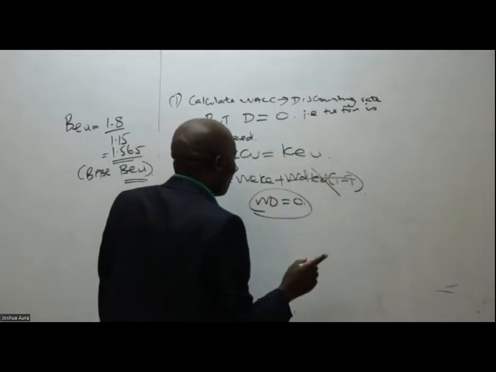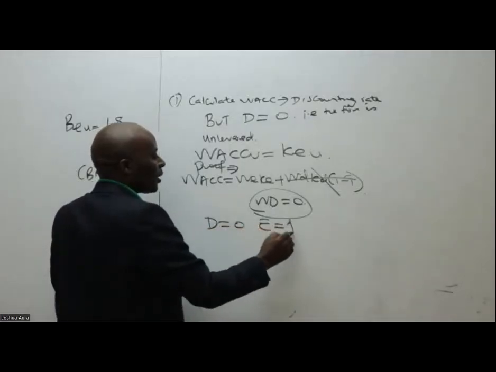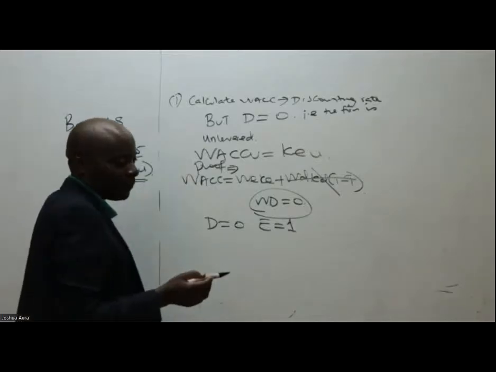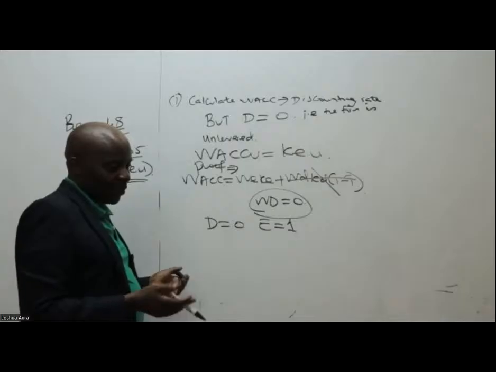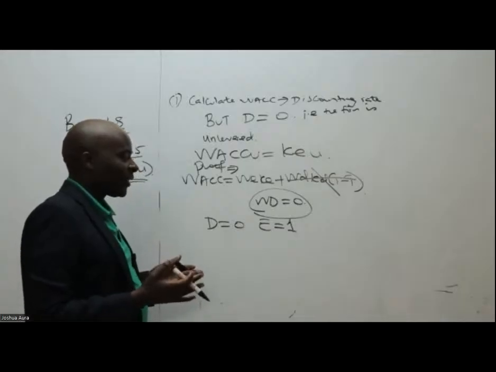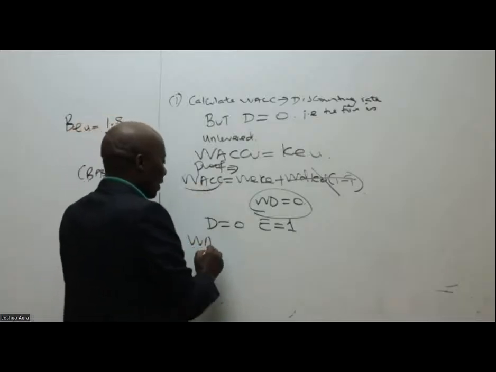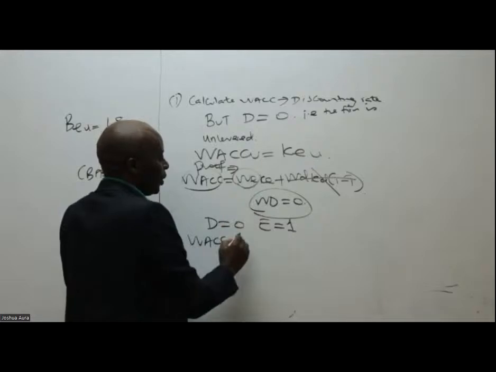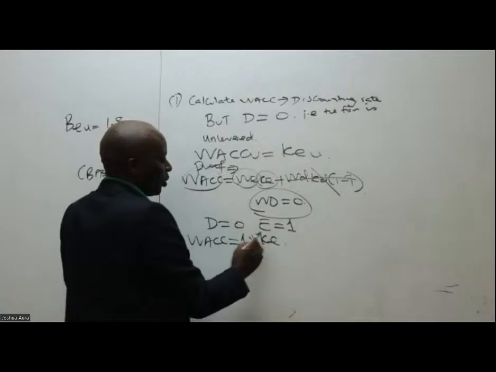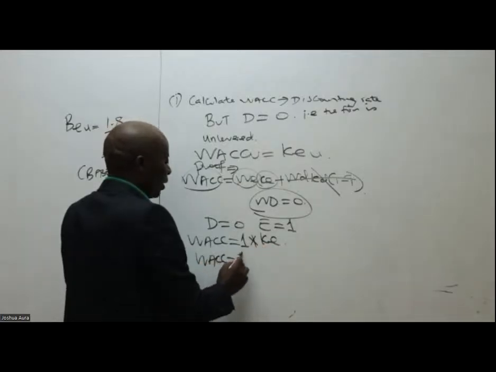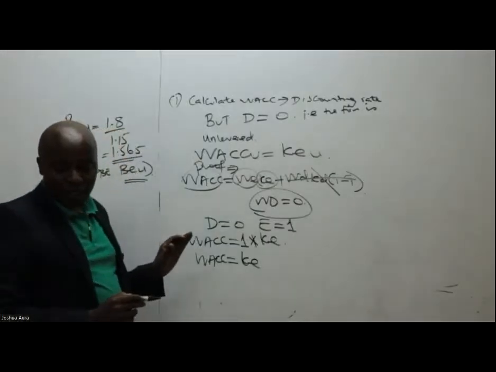And the other thing you're supposed to know is that if debt is 0, then weight of equity automatically will be 1, because the two must always add up to 100%. So meaning something very important happens, that our WACC will be equal to weight of equity, which is 1, times cost of equity. So our WACC will be equal to cost of equity for unlevered organizations.